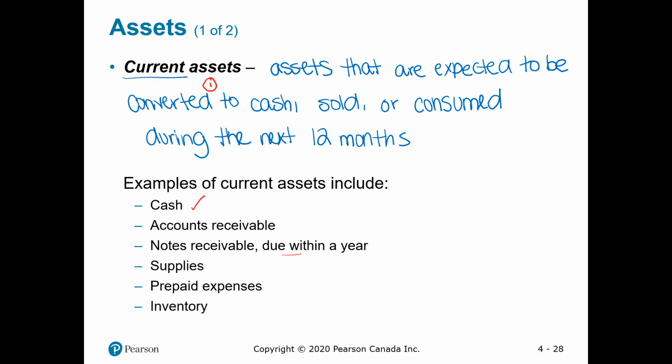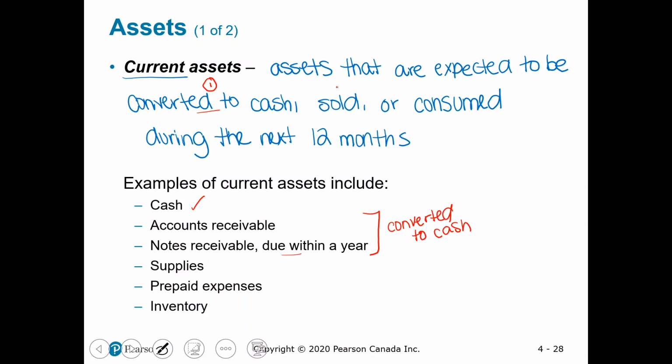Cash is already cash, but which of these would be converted to cash within a year? Well, that would be these first 2. So these will be converted to cash. When we collect our accounts receivable or our note receivable, we're converting it into cash and we're receiving that cash.